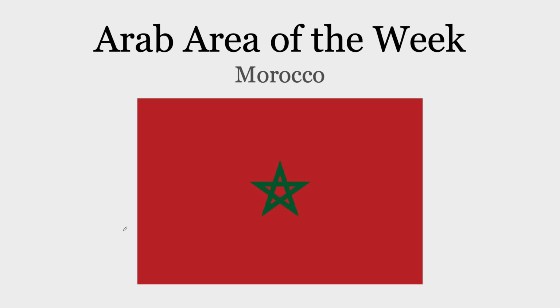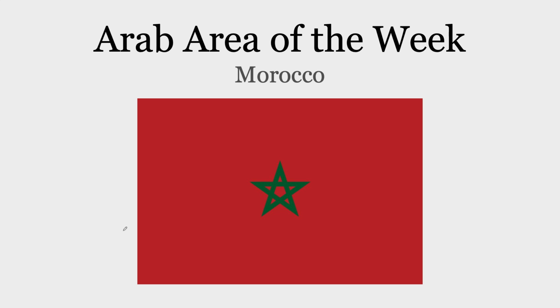So that brings us to our new Arab area of the week, Morocco. So we've talked about, just a refresher, Egypt, Saudi Arabia, Jordan, Algeria. Last week was Yemen, and this week is Morocco. So we've talked about flag symbolism before with the students.